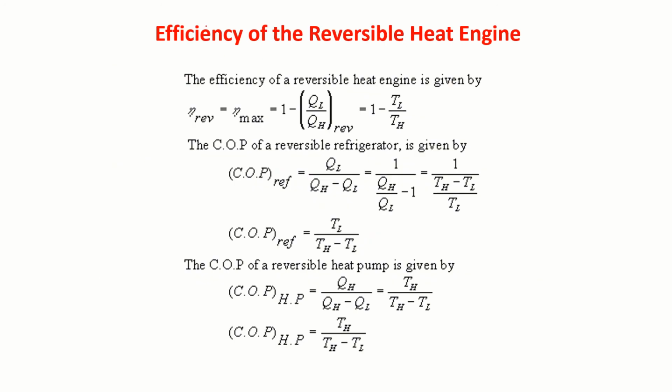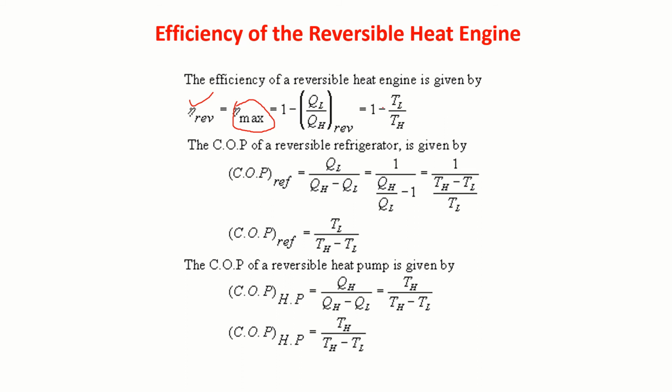Now let us express the efficiency of the reversible heat engine in terms of the temperature of the source and the temperature of the sink. The efficiency of a reversible engine, eta reversible, is always the maximum efficiency: 1 minus QL by QH.